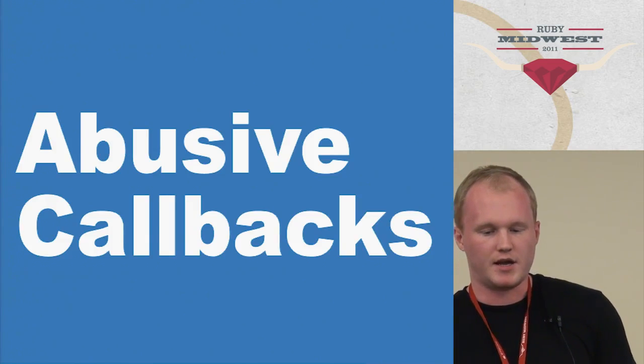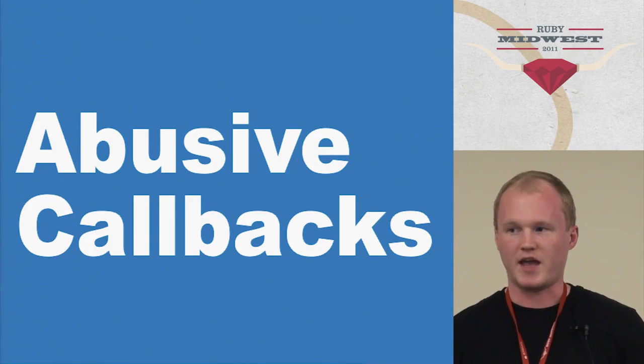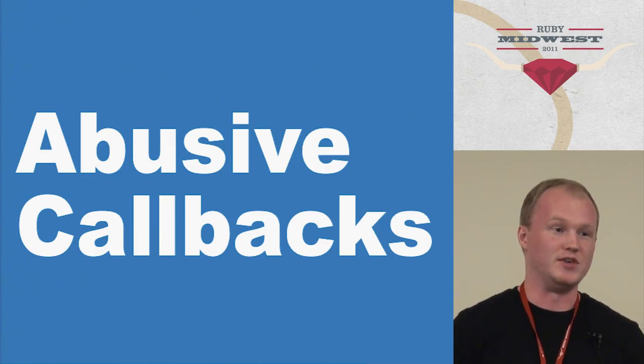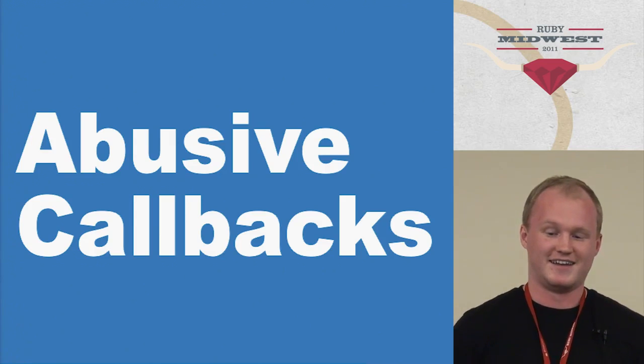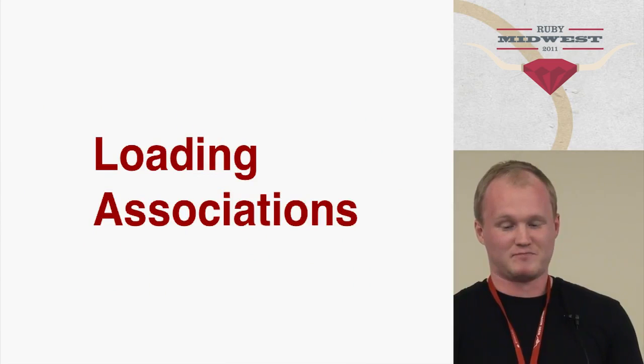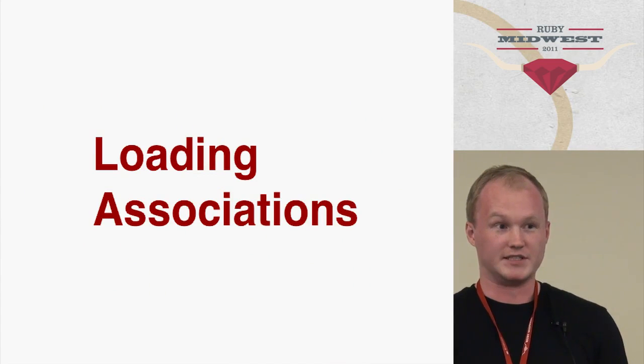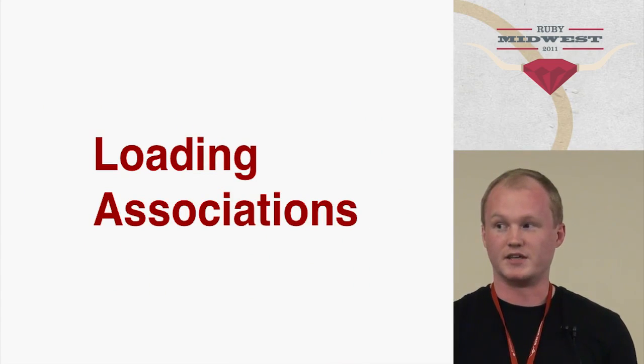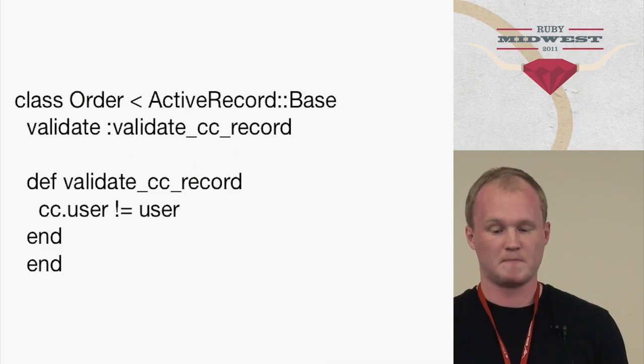So another part that we've had a lot of pain with is callbacks, that we abuse the hell out of callbacks. So the first pain point that we really started to feel at scale was loading additional associations inside of callbacks.